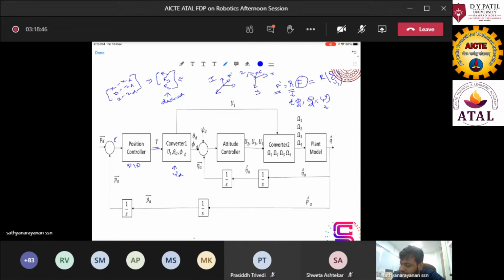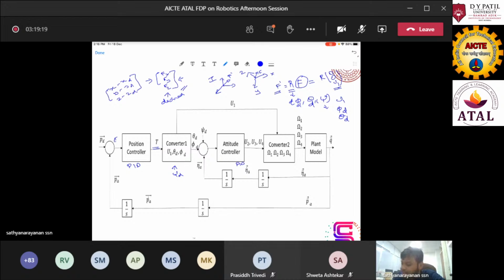Based on that, you will try to find what is u1, phi d, and theta d based on these three equations. You just equate them, and you will find out those coefficients. Once you find out this phi d, theta d, and psi d, you will use an attitude controller, which can be the same PID controller or any nonlinear controller, which will find out what your U2, U3, and U4 are.